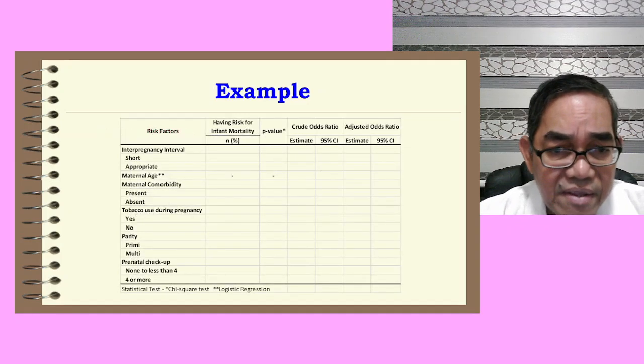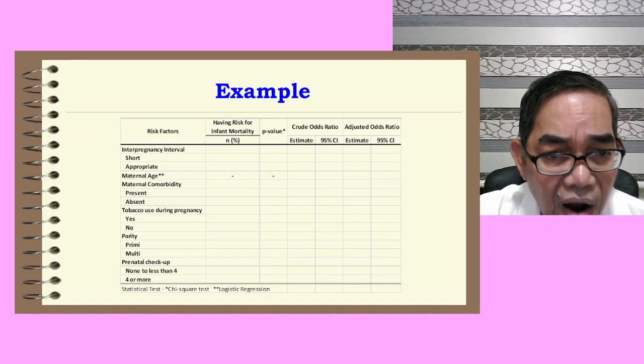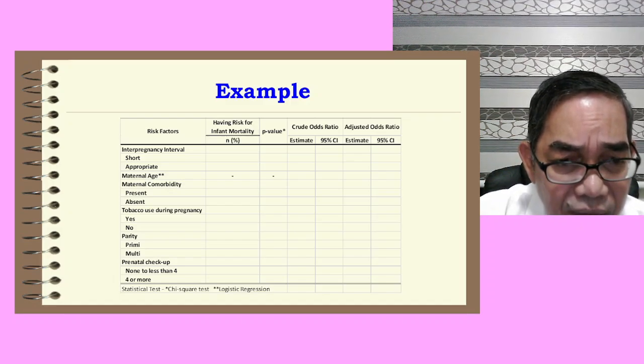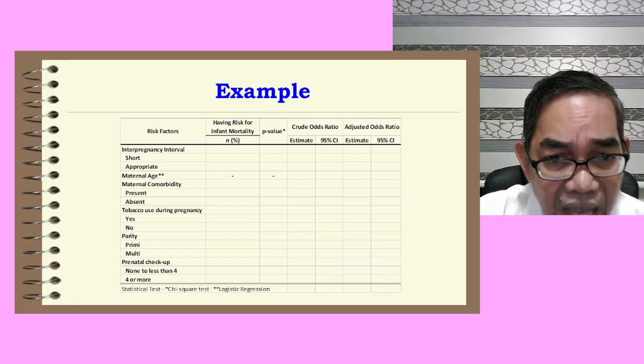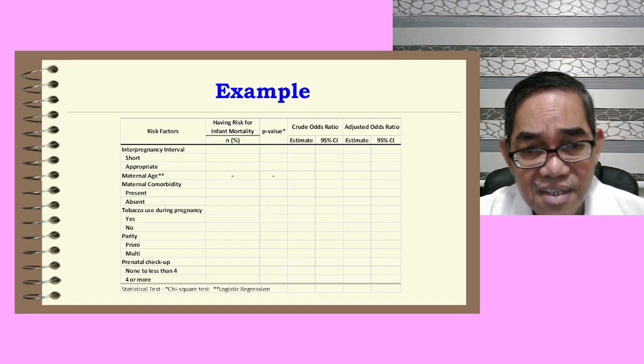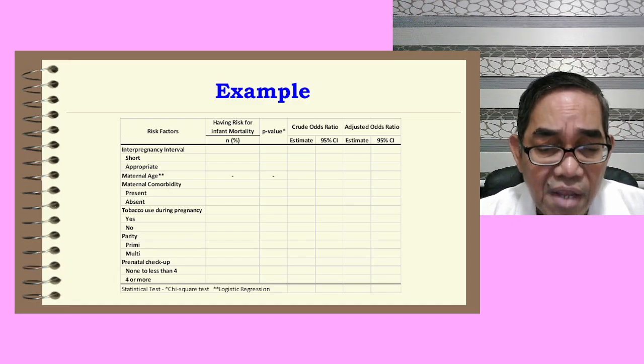And then this one, again, shows the other control variables in the multivariate analysis. So we have the crude odds ratio for univariate and the adjusted odds ratio for the multivariate analysis.